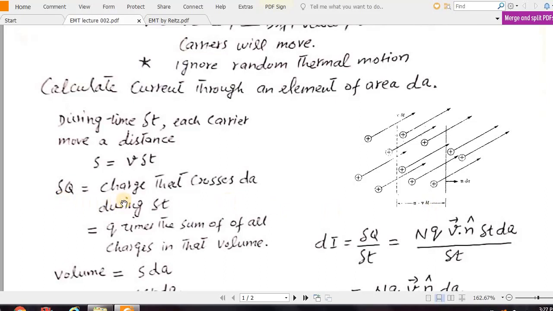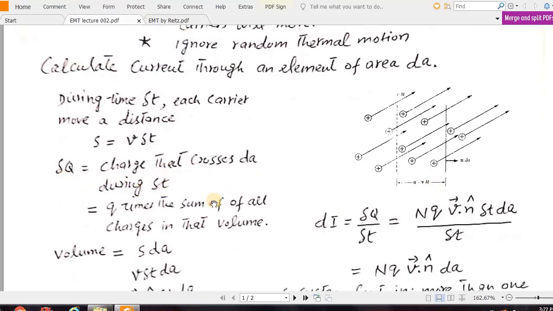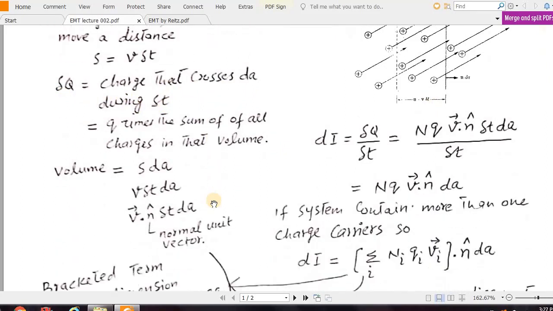Delta q is the charge that crosses dA during time delta t. And this delta q can be written as q times the number of all the charges in that volume.